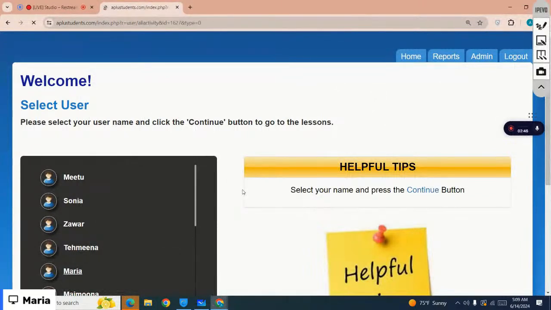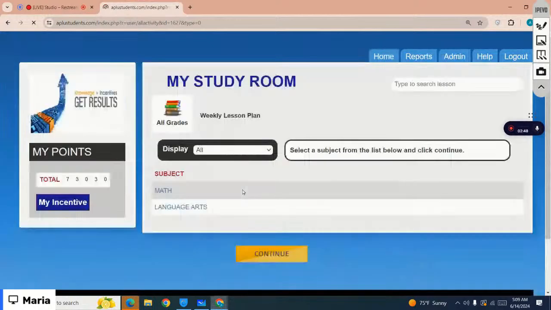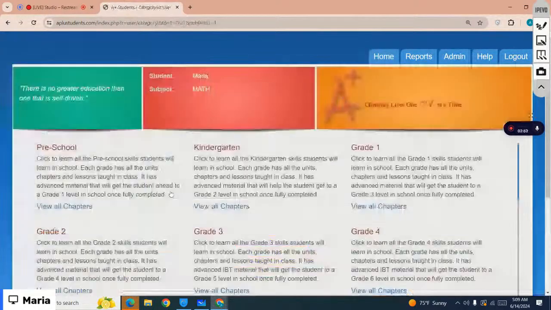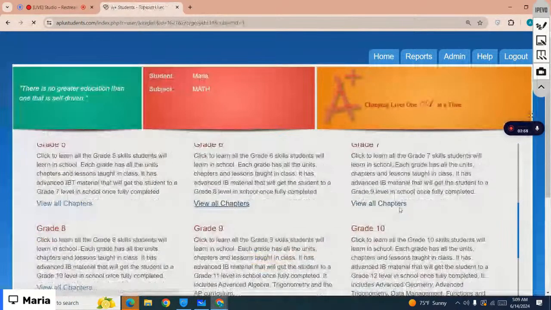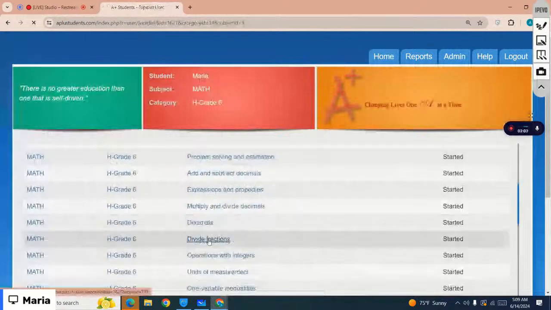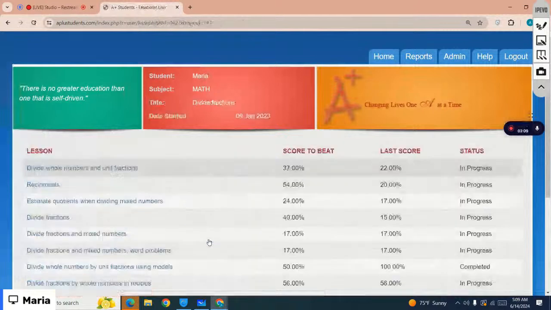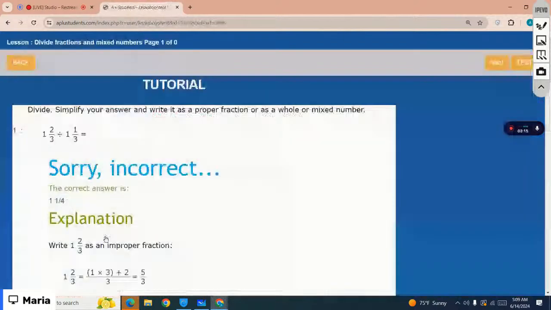If you have any questions with the lessons we did earlier, this is only if you did the practice questions. Okay, here I am on divide fractions and mixed numbers. Let's just start with the lesson.